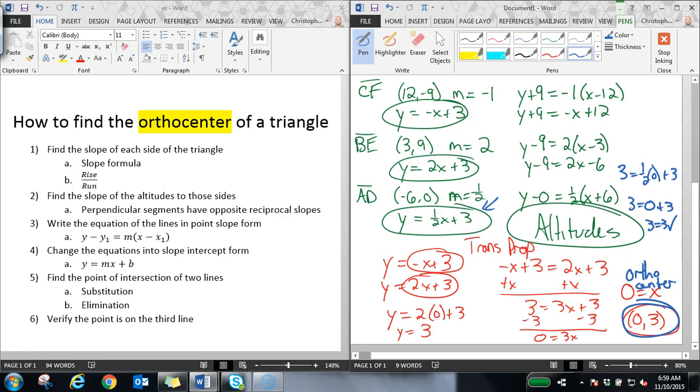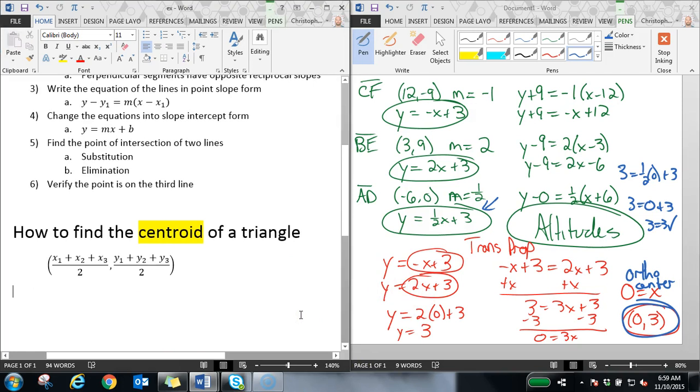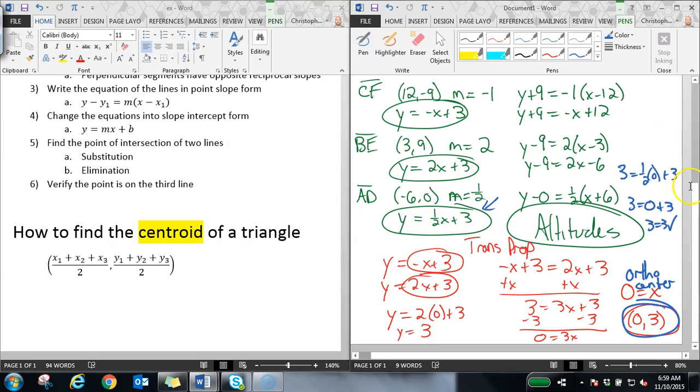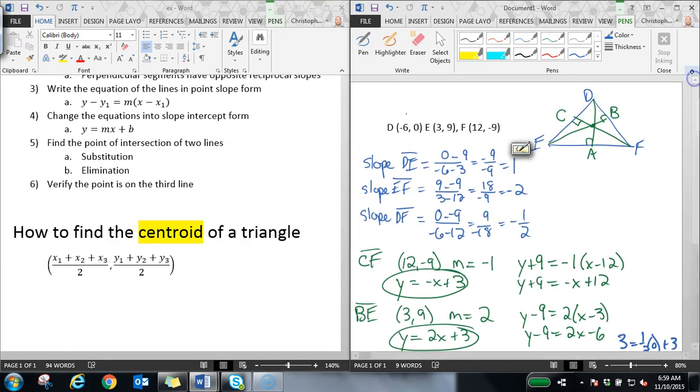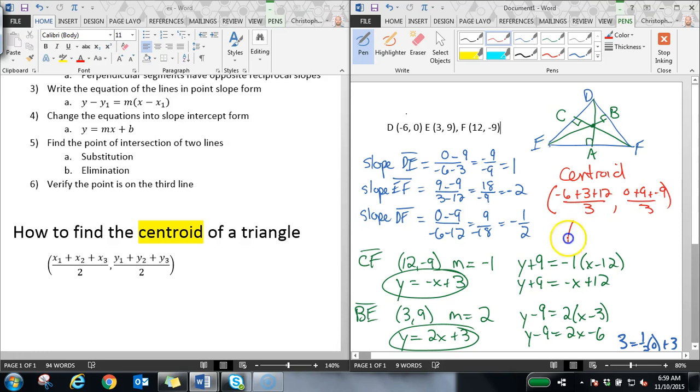To find the centroid, where all the medians intersect, is much simpler. All we're going to do is take the average of the 3 points. So for our centroid, we do negative 6 plus 3 plus 12, divided by 3, and 0 plus 9 plus negative 9, divided by 3.